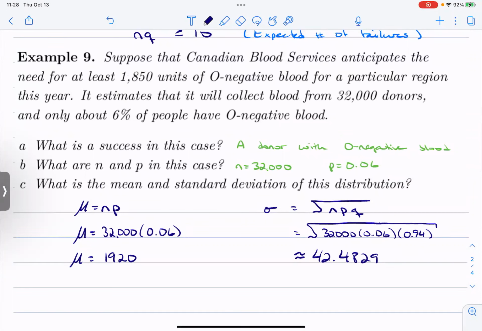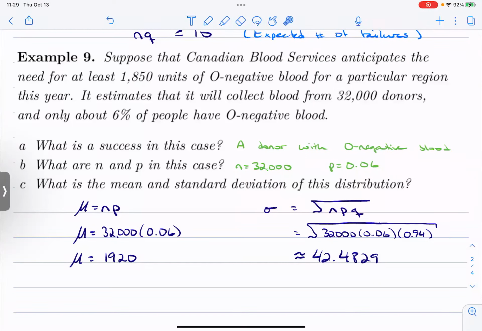Just given the mean and the standard deviation, do you feel good about them meeting this quota? I feel pretty good. We need 1,850. I am expecting 1,920. So right off the bat, I'm feeling pretty good. And even if I go down 1 standard deviation, 2 standard deviations, I get a little short, but that's what we're going to be talking about.